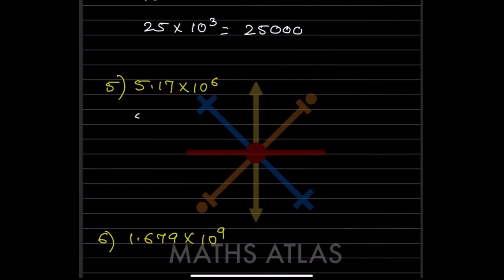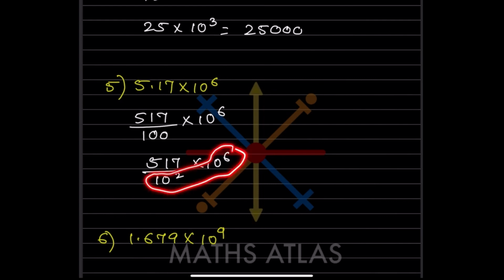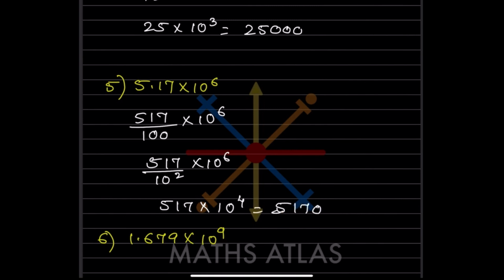So we write 517 divided by 100, that is 517 divided by 10 raised to 2 into 10 raised to 6. 10 raised to 6 divided by 10 raised to 2 is 10 raised to 4. So you write 517 and put 1, 2, 3, 4 zeros.